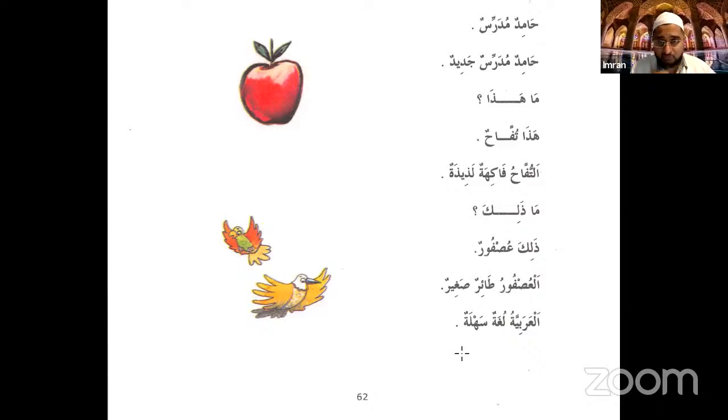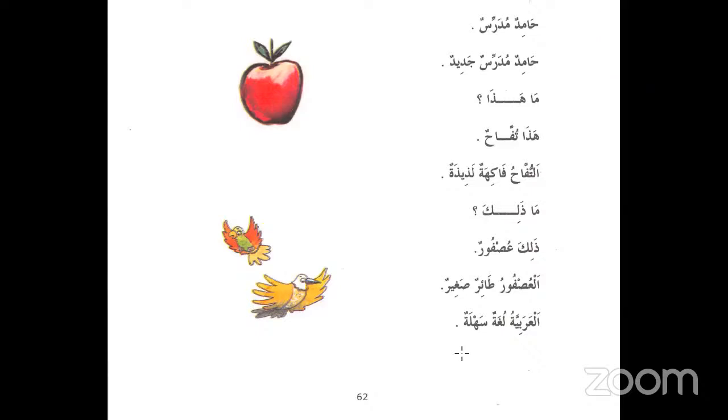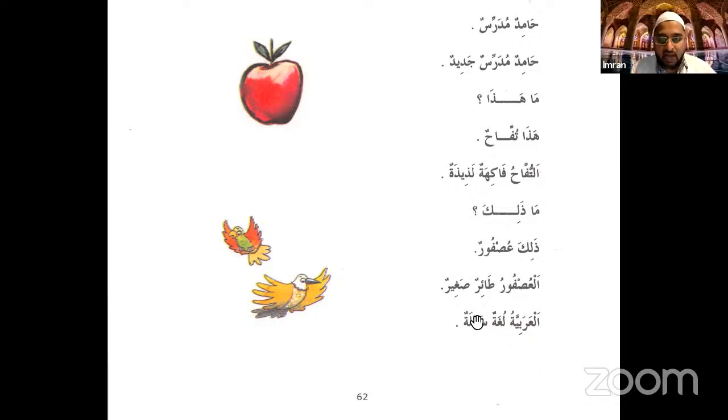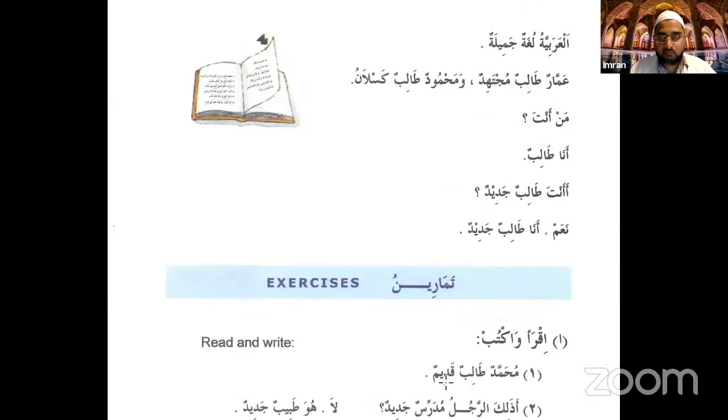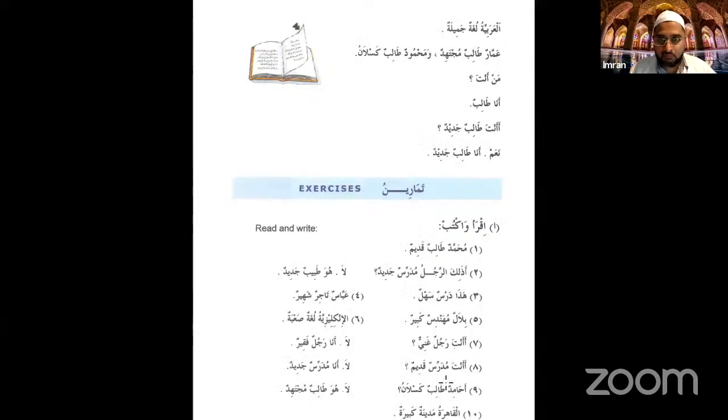Al-Arabiyatu is the mubtada, and lughatun sahlatun is the khabar. The adjective together with the khabar is the khabar. Okay. Thank you.